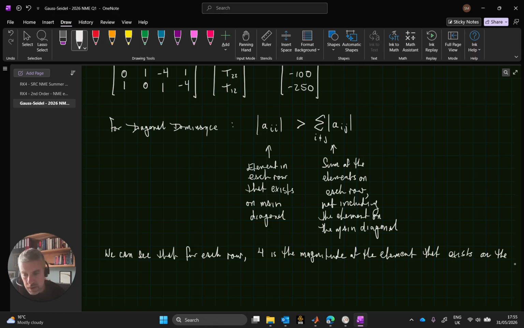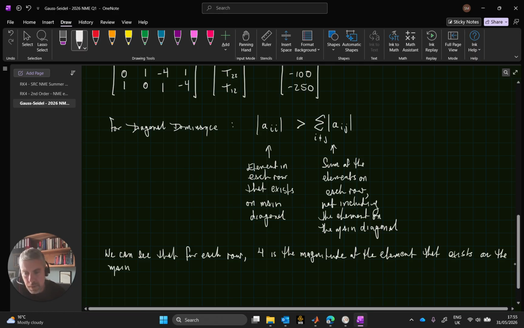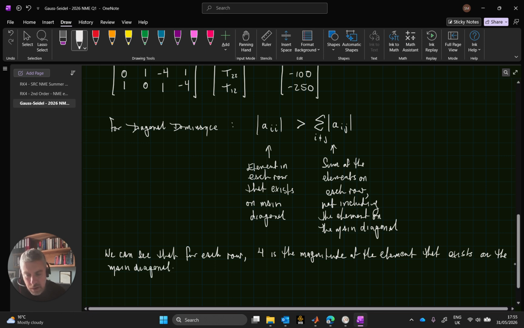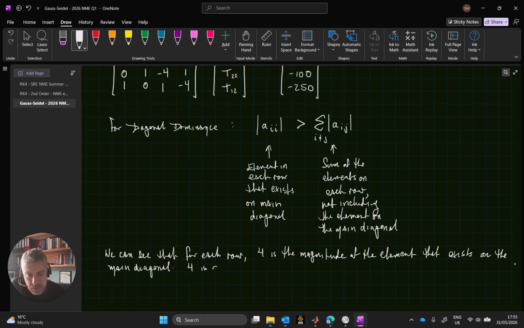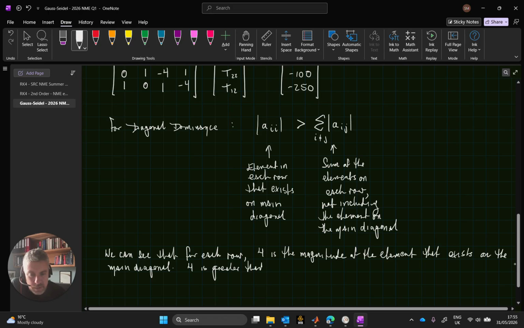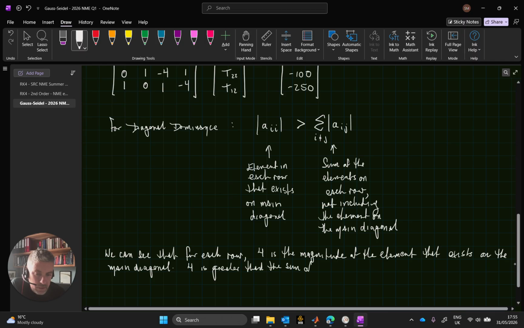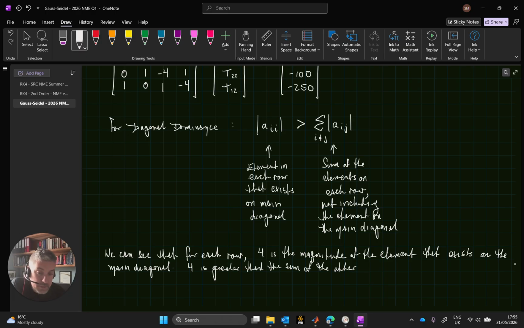On the main diagonal, four is greater than the sum of the other elements in each row.